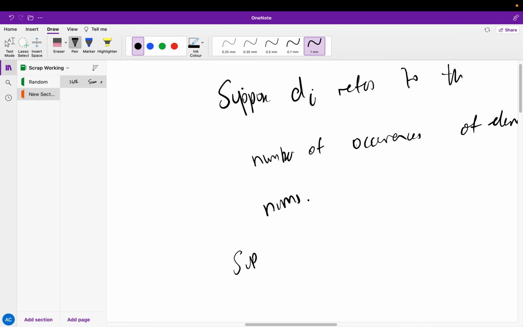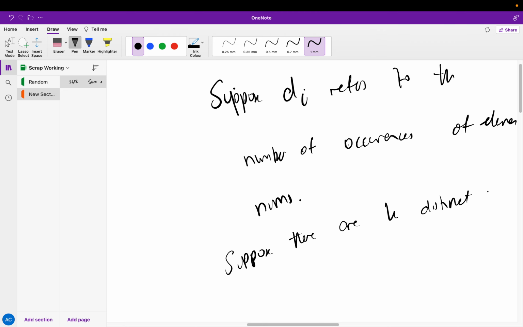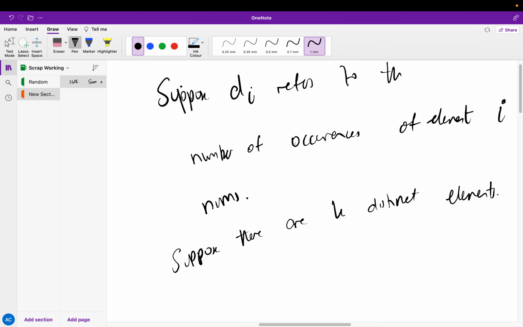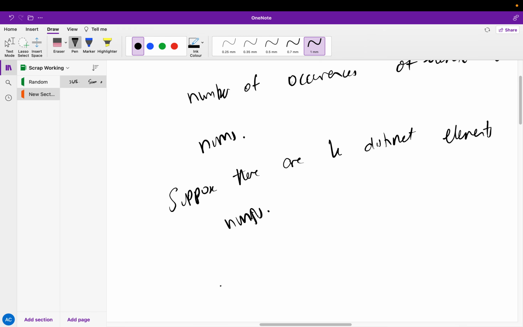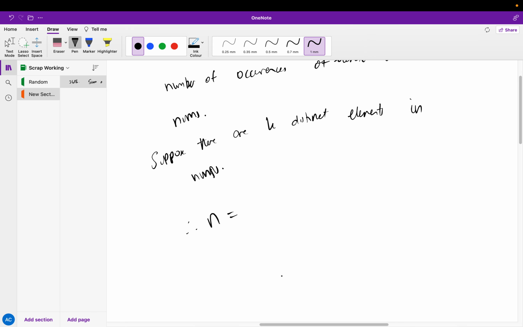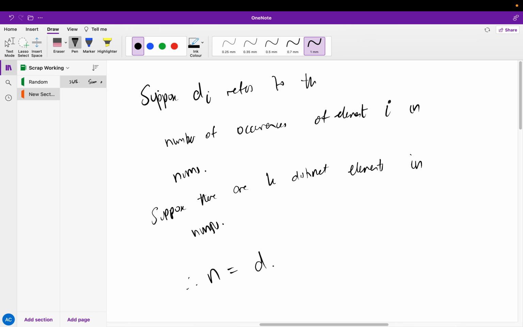Suppose there are k distinct elements in nums, therefore n, the length of nums, is equal to d alpha 1 plus d alpha 2 plus d alpha k.